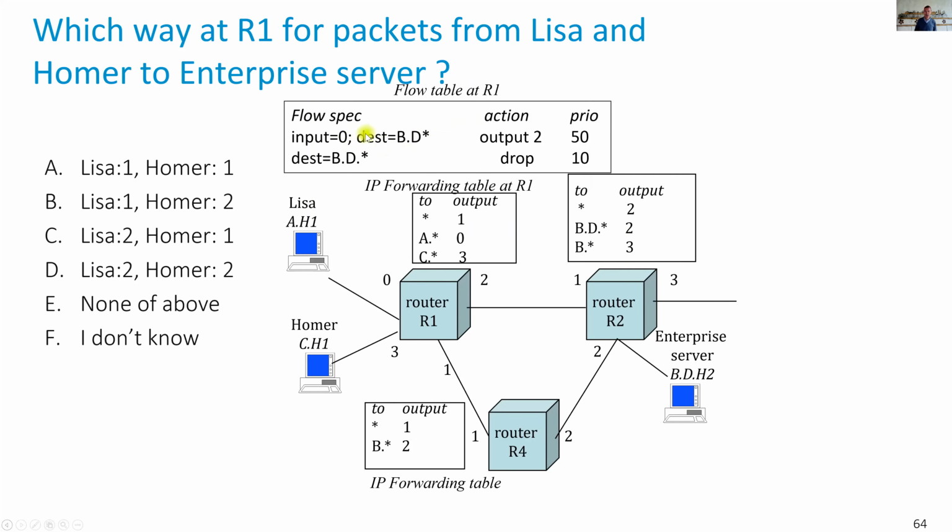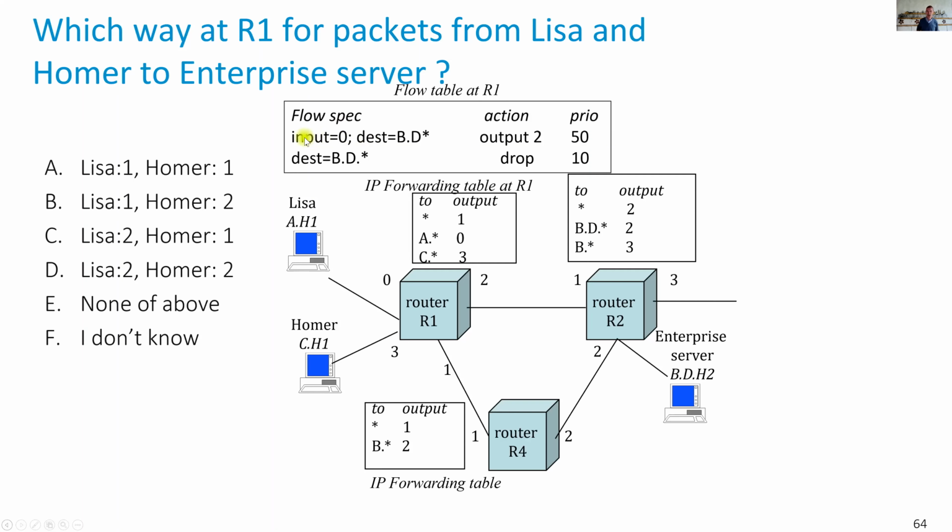A row in a flow table is a description of the flow, of the action, and the priority. Higher priority means precedence. So here we have a first rule that applies to the flow that matches this pattern. The flow spec, depending on the system, can be based on any grammar. Here, typically, it's an input port and source and destination addresses.